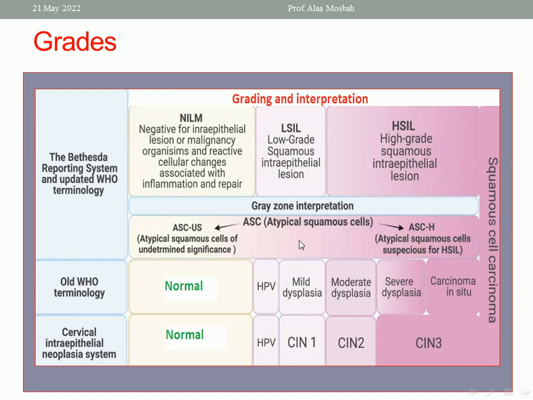Then there is the gray zone interpretation of atypical squamous cells, which is divided into two categories: atypical squamous cells of undetermined significance and atypical squamous cells suspicious for high-grade squamous intraepithelial lesion. And this is important and should be taken seriously.